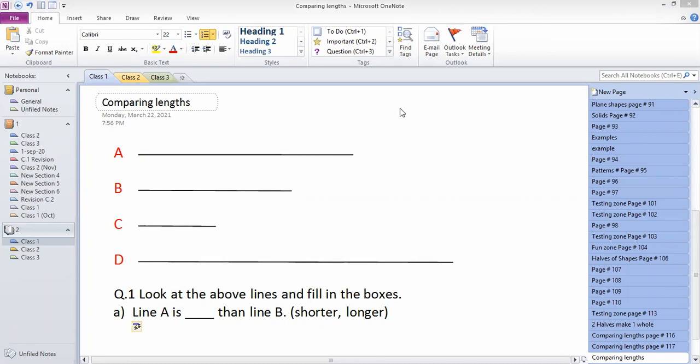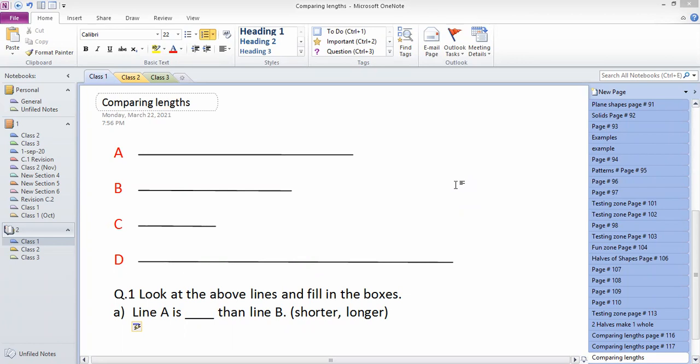Okay, I'm going to take one of the students and ask him. Muhammad Ahmad Almas. Line A is dash than line B. Shorter or longer?